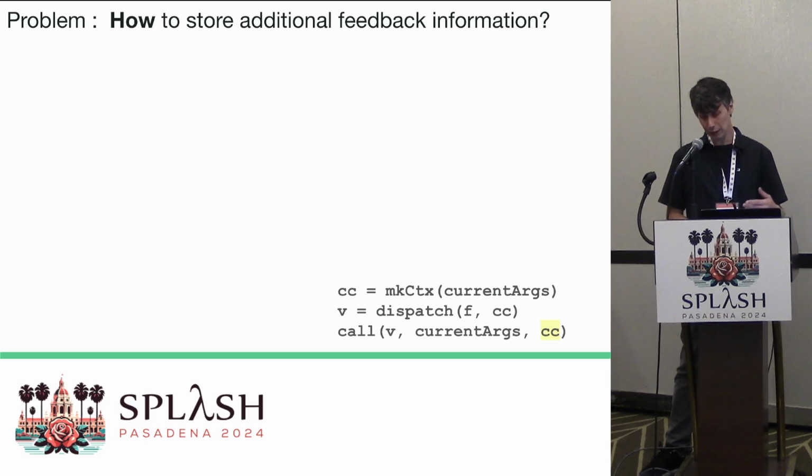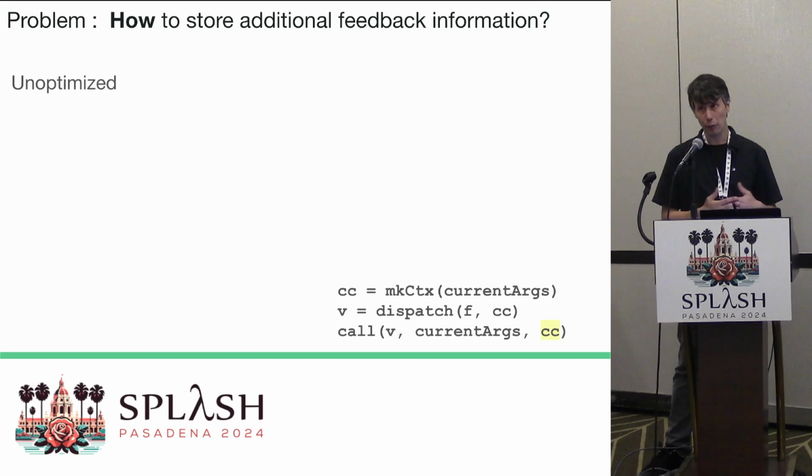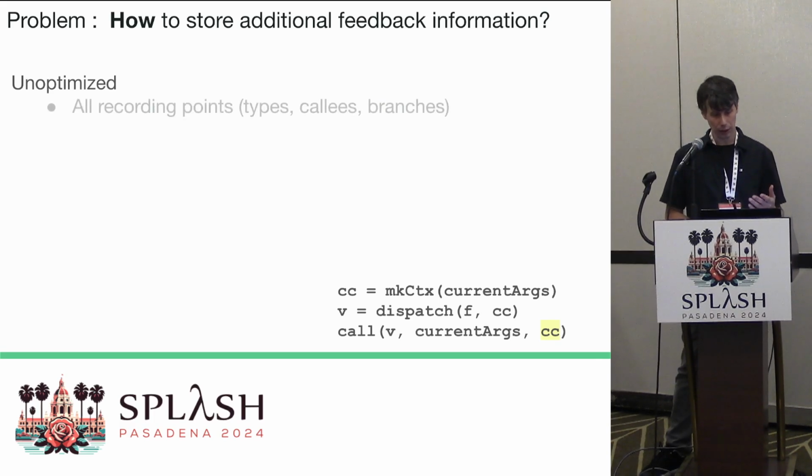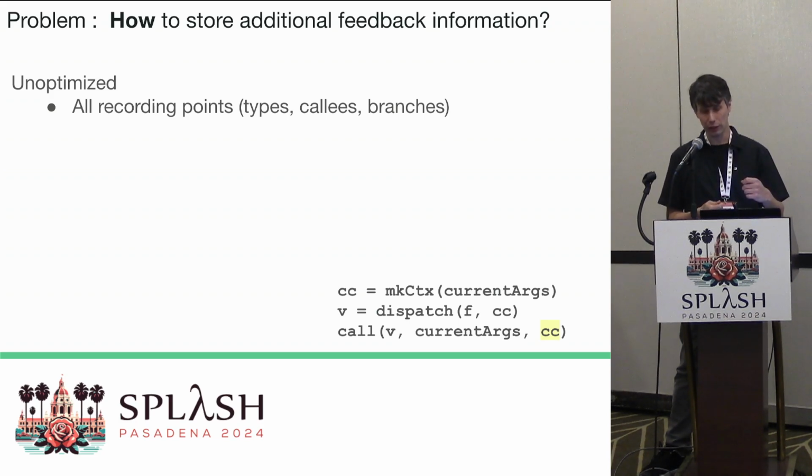So we extended the dispatch mechanism that I showed before, and we also pass in the call context. And then we need to patch all the places where we update the feedback information. One, for example, in unoptimized code, that means all the recording points, whenever we see the type of a variable, a callee, branches. Now the interpreter will have this call context available, and we are good.